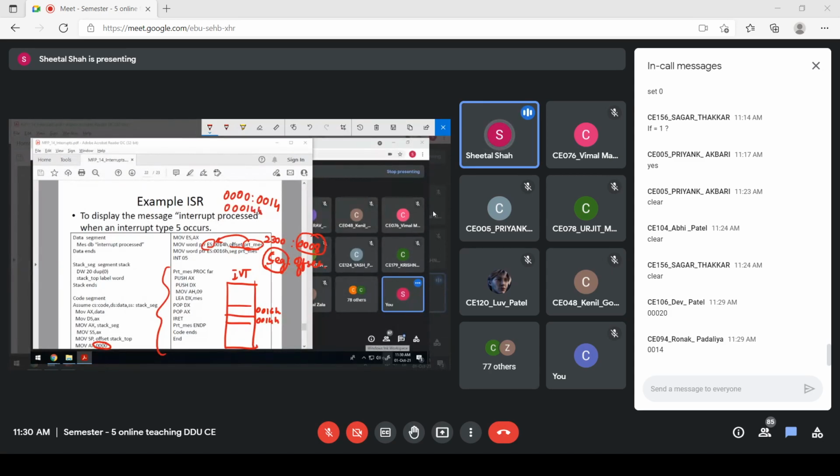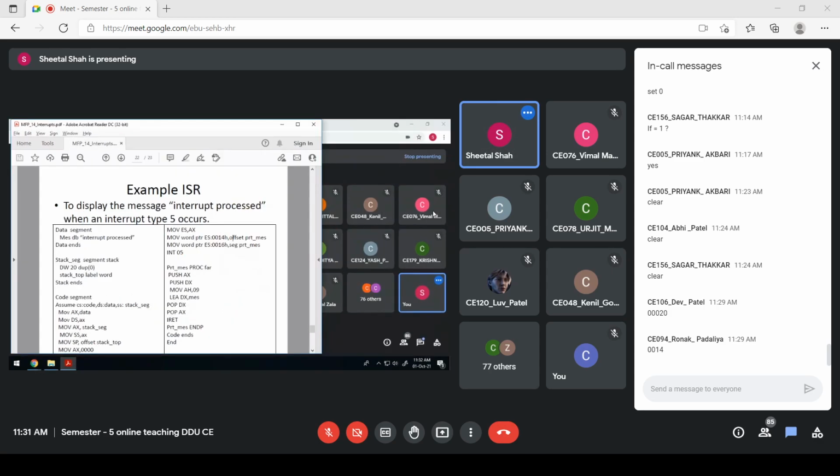Here I am storing the offset value, that is 0008, and at plus 2, that is 0:0016, I am storing the segment address, that is 2300. After storing the address of the ISR into this interrupt vector table, I am calling this interrupt by this instruction INT 05. Is this thing clear?